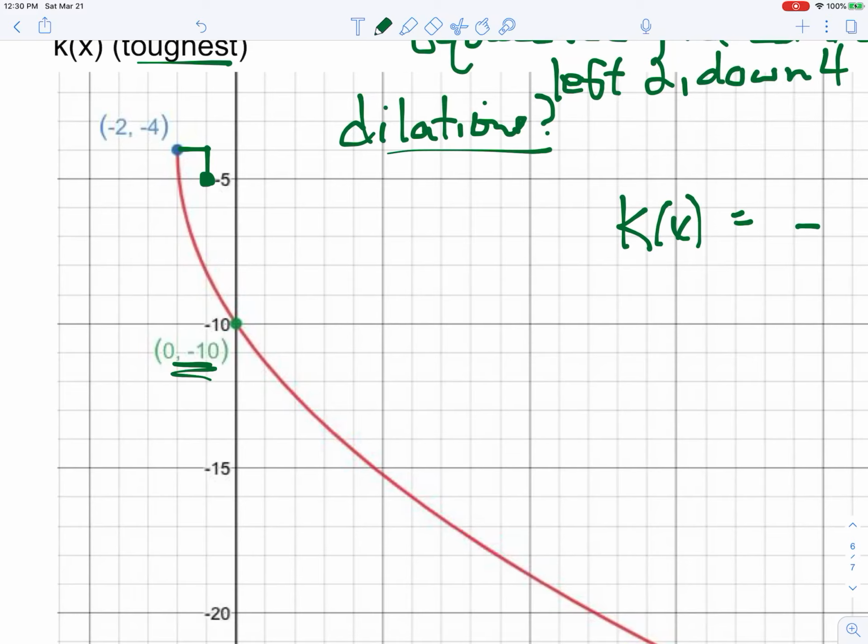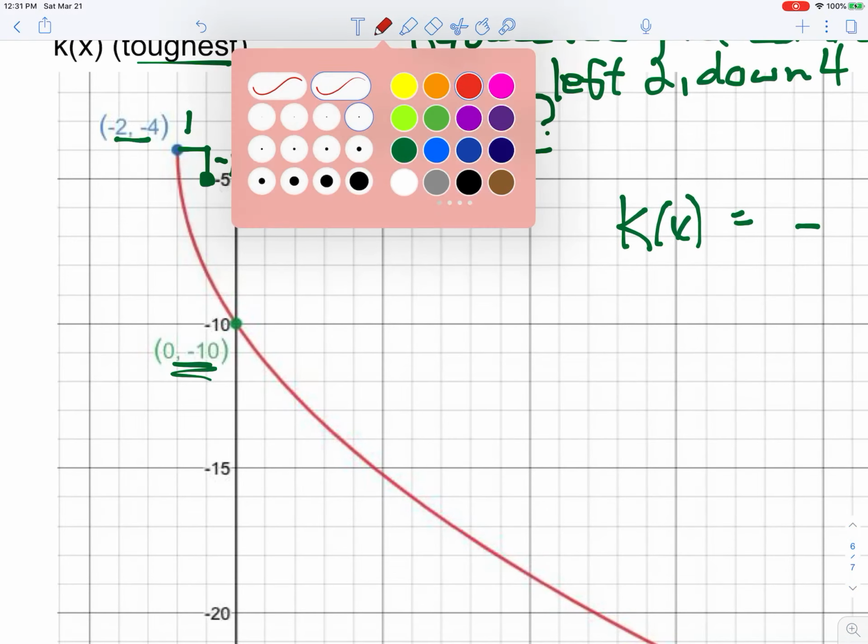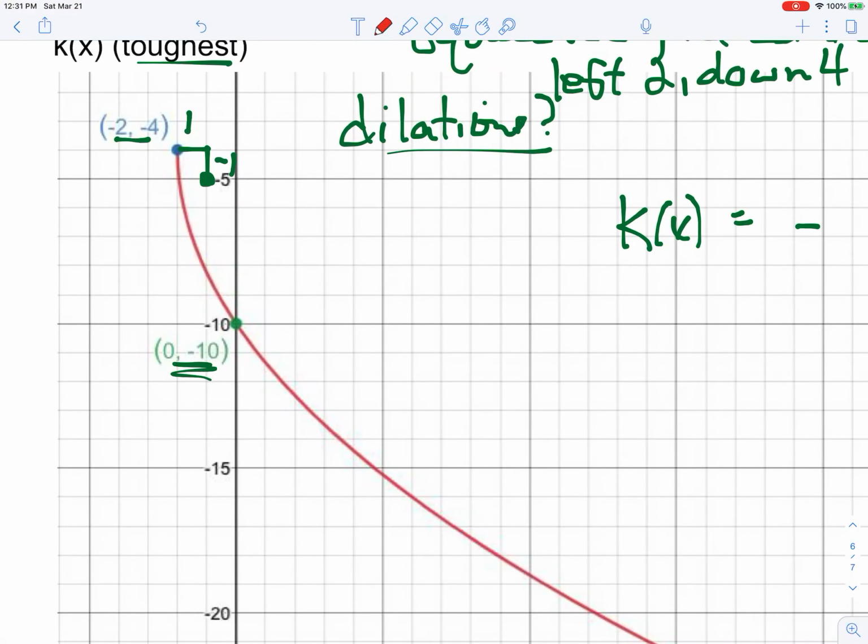Just because it's there, I'm going to compare this -2, -4 to 0, -10, where I usually go 1 over and 1 up or down. In this case, to get from my original point now at -2, -4, looks like I've gone 2 over and, let's see, that is 6 down.